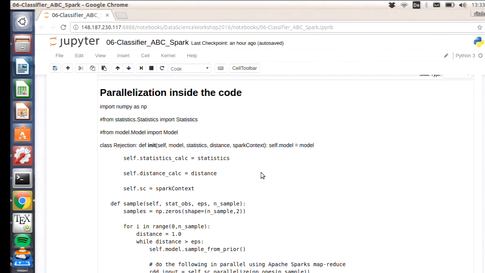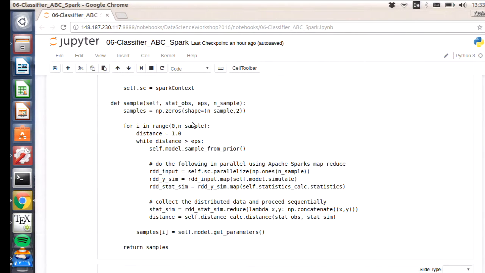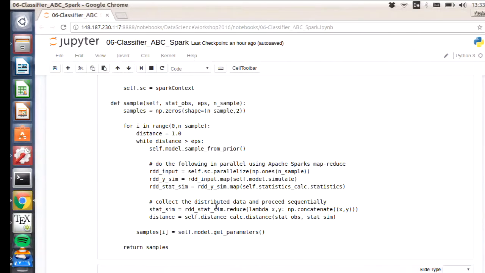Here we sample: we take one theta, and for that we compute the distance, and if the distance is greater than our epsilon, we continue. If it is less than epsilon, then we accept the theta. This is the main part where we do the Spark.